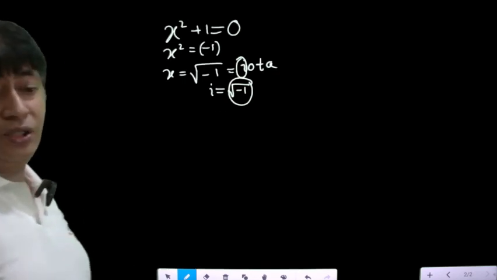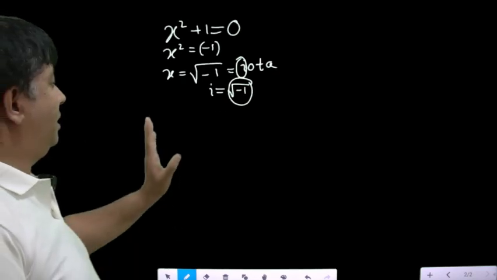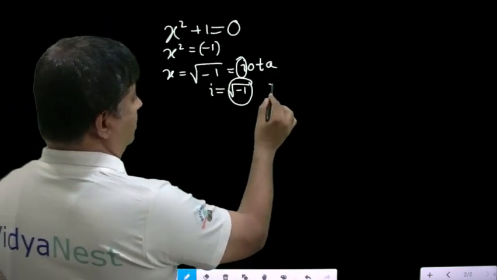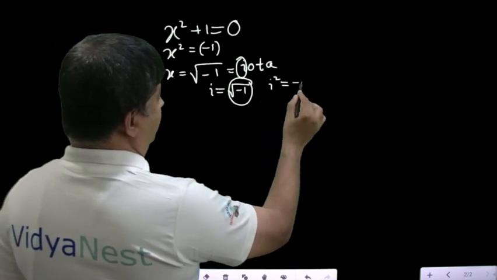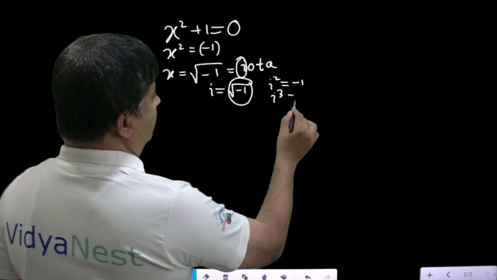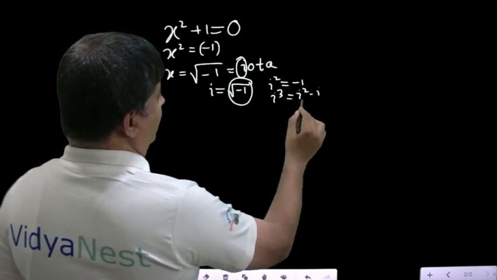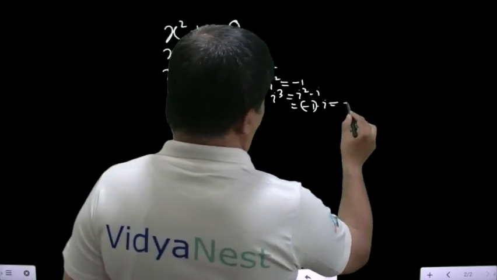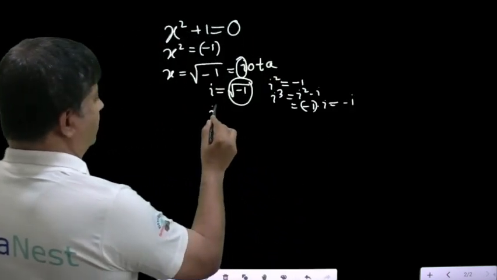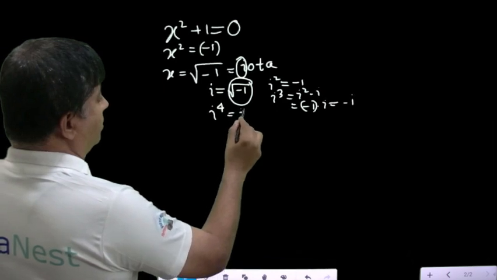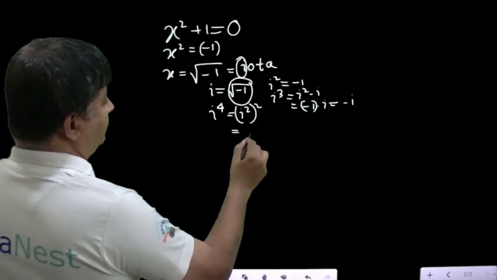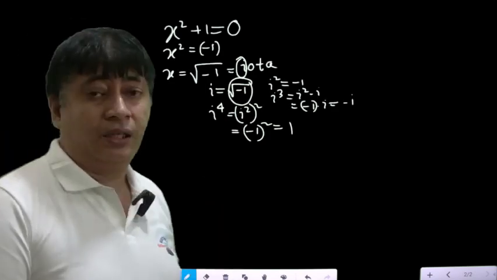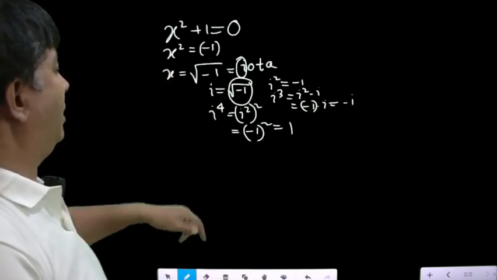This is actually imaginary number. i stands for imaginary number. i is root minus 1, i square is minus 1, i cube is i square into i, minus 1 into i, that is minus i. i to the power 4 is i square whole square, that is 1, and so on. In this way, you can calculate that iota.